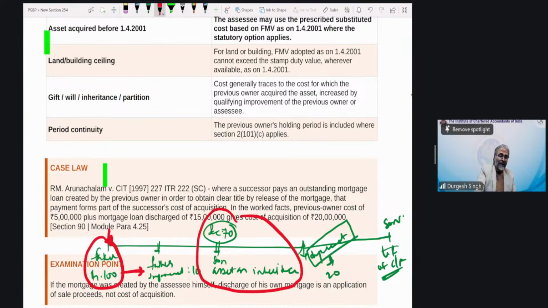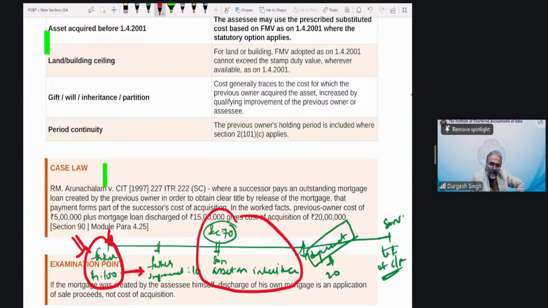Your starting point is when the father has acquired at rupees 100, and from there onwards, students, the further improvement has to be seen. That improvement may have been done by the father or it may have been done by the son. It doesn't matter. Is it clear to all of you students?